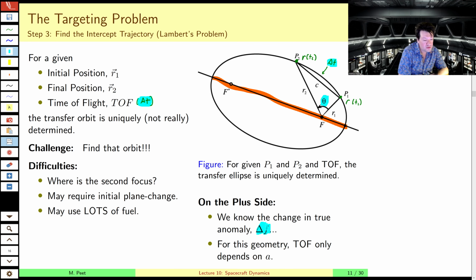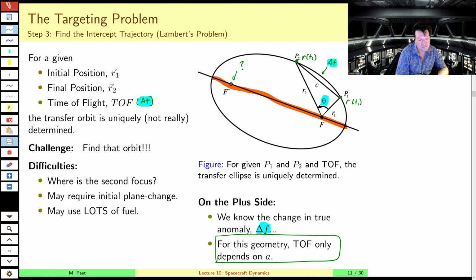What we need to do is somehow figure out either A, where that distant focus is, the hidden focus as I call it, or what is the semi-major axis of the orbit. And it turns out the semi-major axis is what we'll solve for first, and then we'll use that information to determine the distant focus of the orbit.